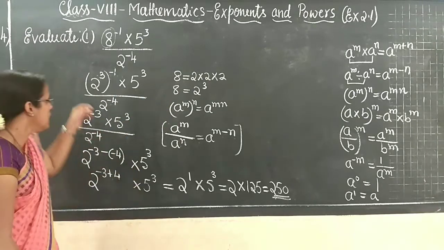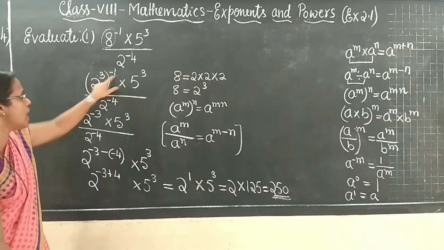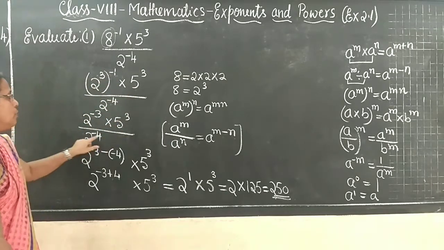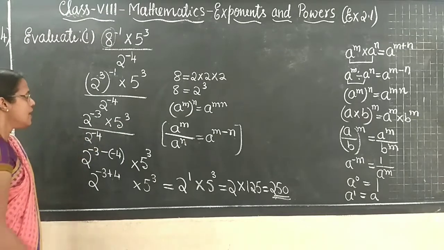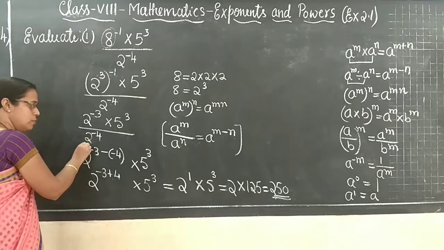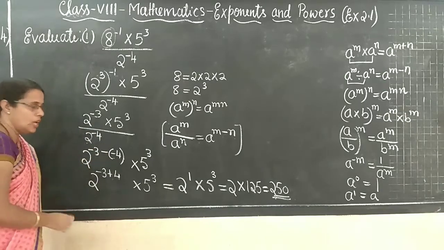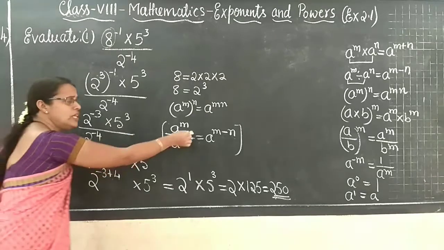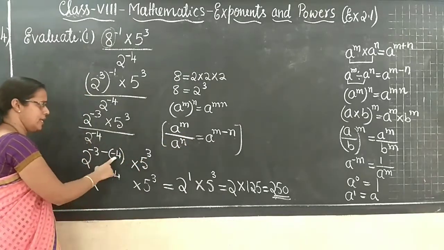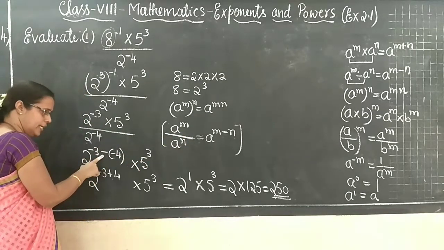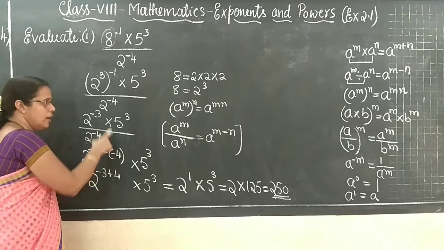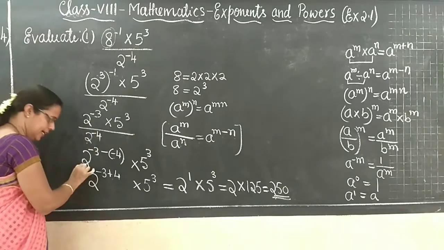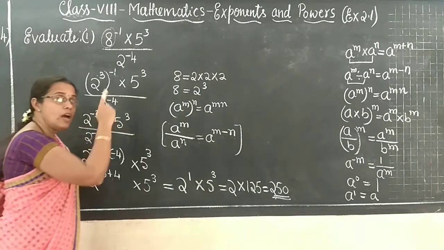So here 2 to the power 3 times minus 1 is minus 3, into 5 to the power 3 by 2 to the power minus 4, as it is. Now this and this have the same base, so the powers can be subtracted. When a to the power m by a to the power n is equal to a to the power m minus n, it means minus 3 minus of minus 4, into 5 to the power 3.